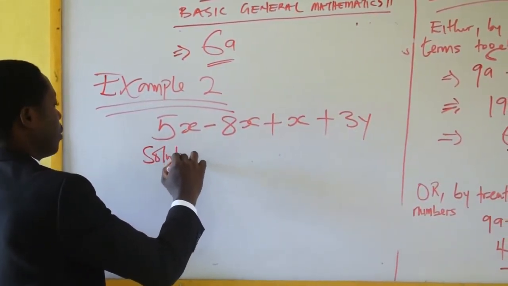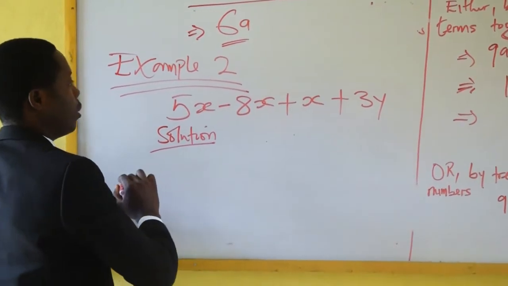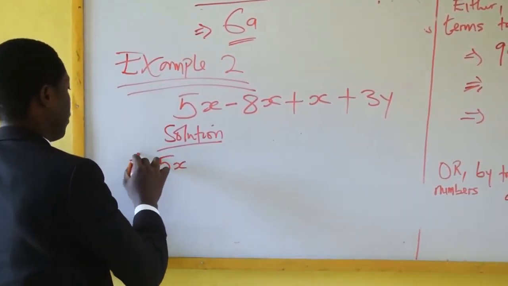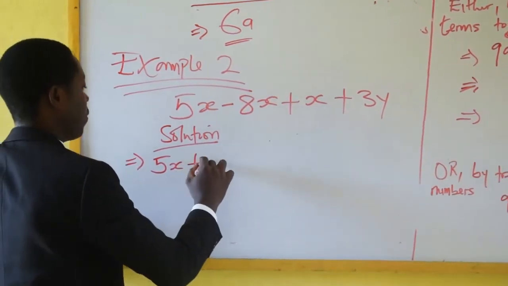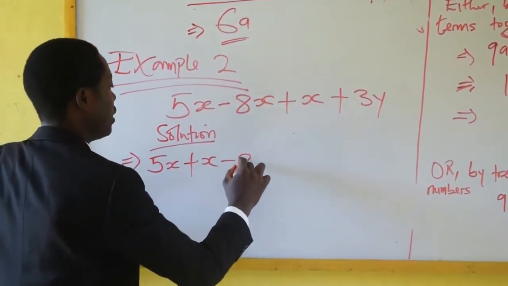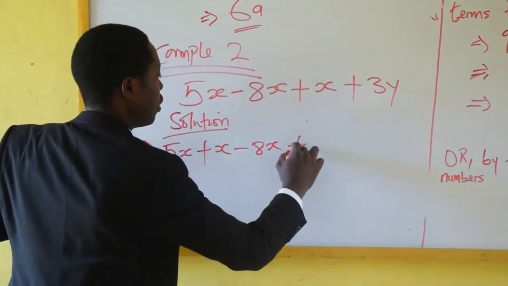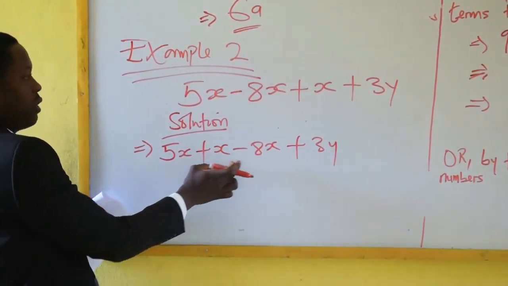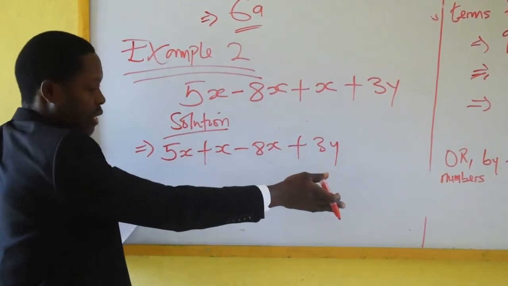Solution. You have 5x. Let's collect the positive first together to make it a little bit easy. Remember we used that method the other time. Now all the x are together, the positive first, followed by the negative, then the y is on the other side.